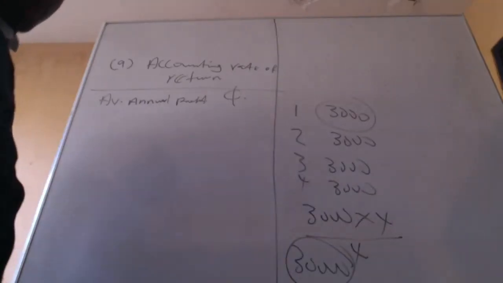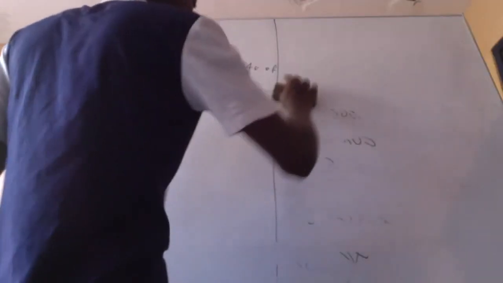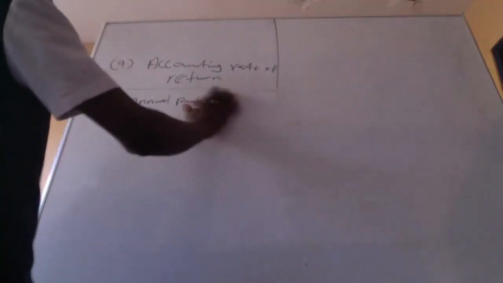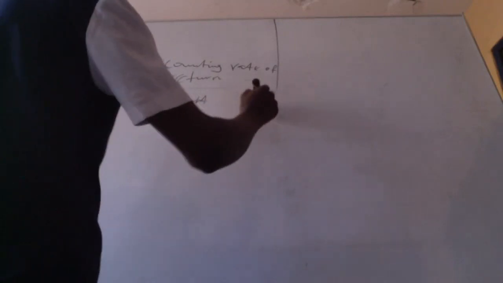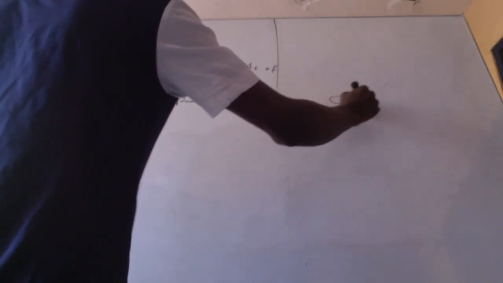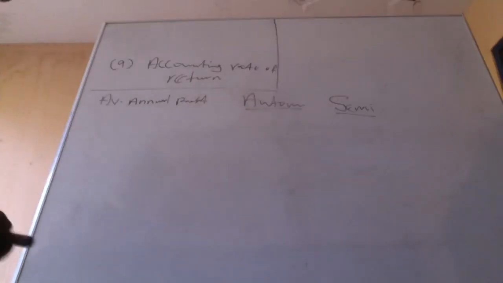I hope everyone gets this analysis. Okay. So now let's put automated here and semi here. We are finding the annual average profits.